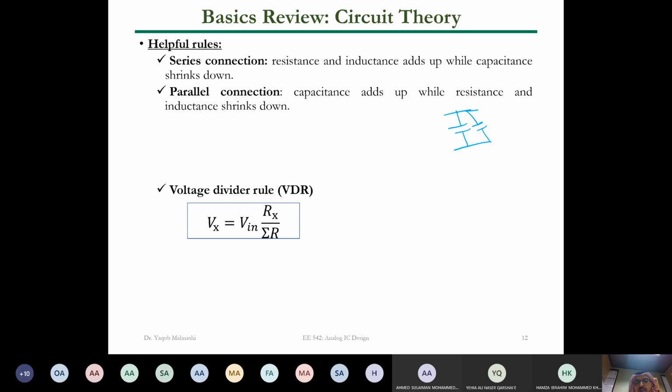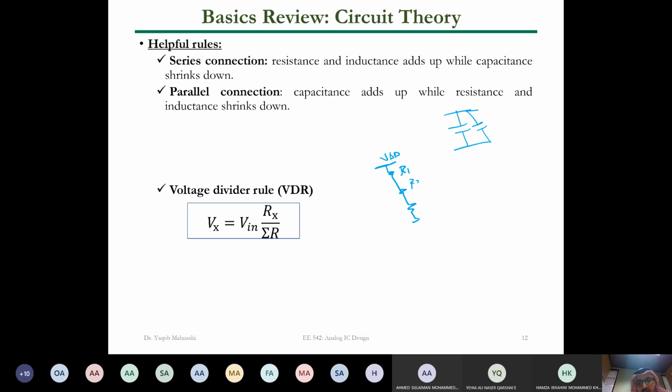A very nice rule that I want you to make sure you understand and know how to deal with is the voltage division rule, or voltage divider rule, the VDR. So if you have, for example, this one, we have R1, R2 and R3. It looks simple, but when it comes to some applications, it is very easy to use the VDR, much better than doing the KVL and KCL.